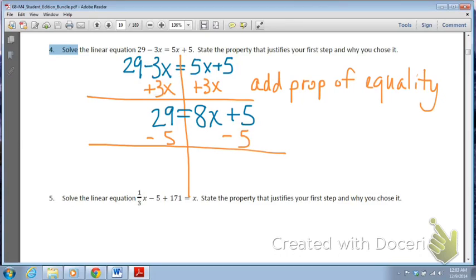I get 24 is equal to 8x. And right now, we can kind of see the solution. Dividing both sides by 8, x is equal to 3.